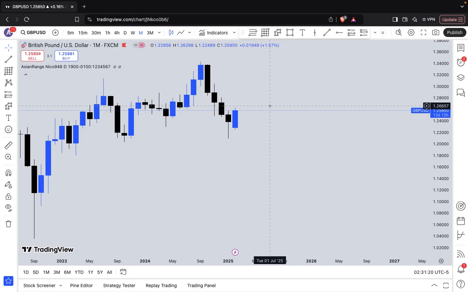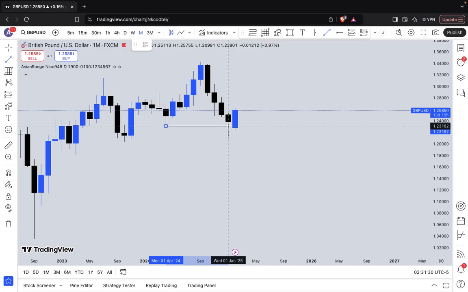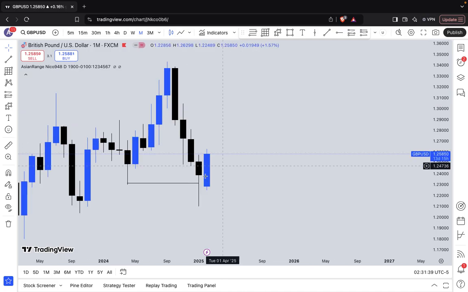If you take a look at this move, you can see that it's been going for a long time. And price took out this low, this whole low, which is what? External liquidity. And after external liquidity, we are anticipating what?